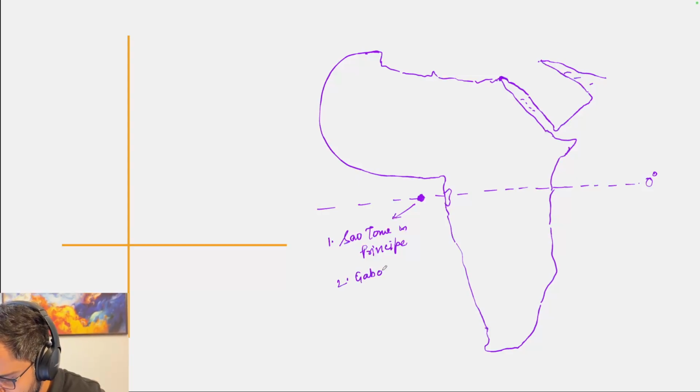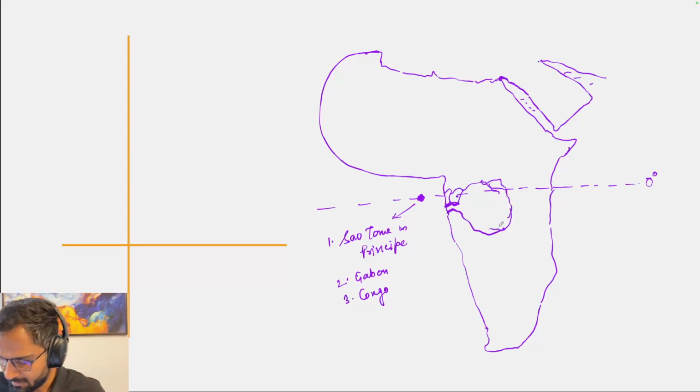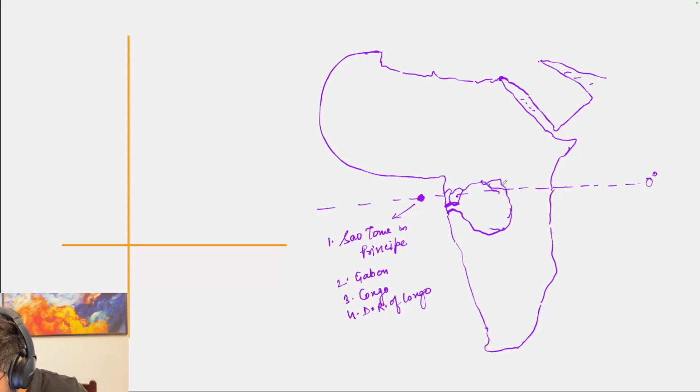East of Gabon, if you move, you'll find Congo here. Further, if you move, a big country, the Democratic Republic of Congo. Further, if you move, you'll find Uganda here.